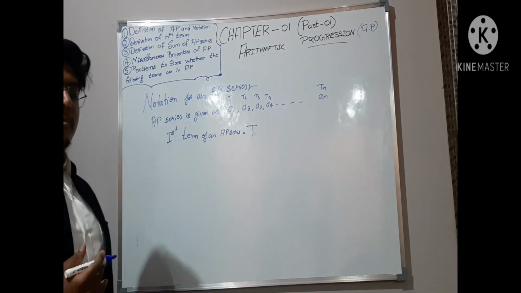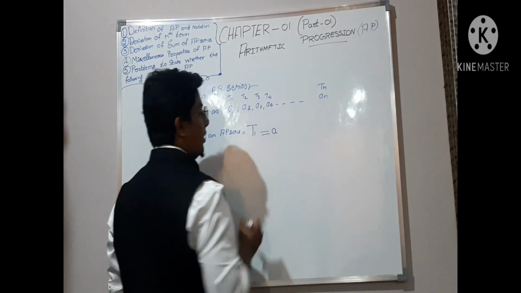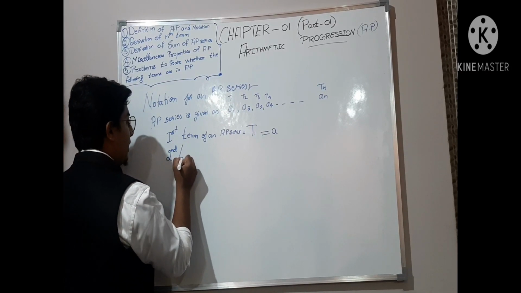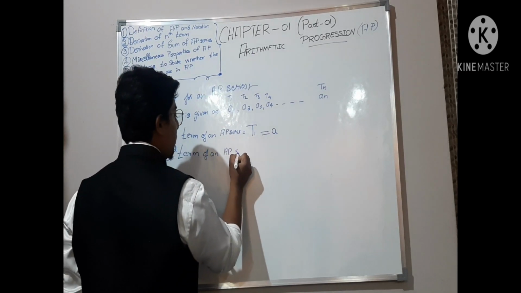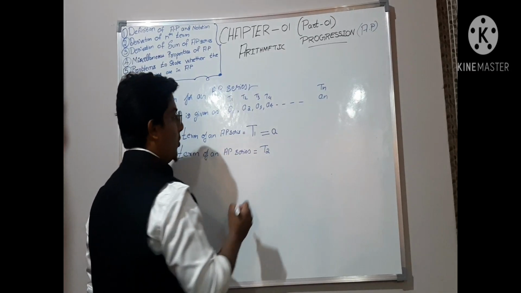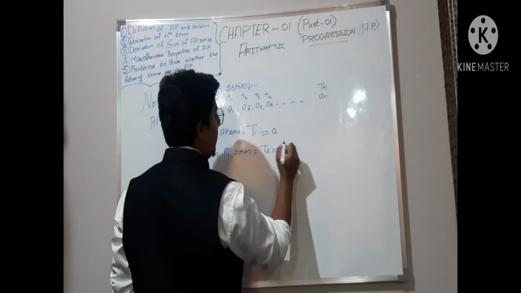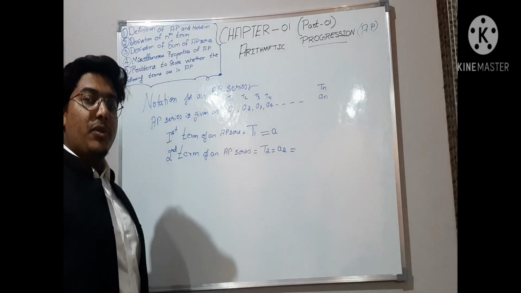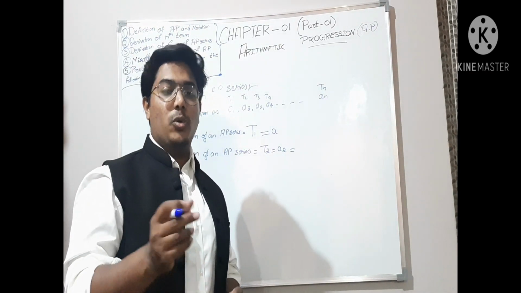The first term of an arithmetic progression series is denoted by a. That is, term a. The second term of an arithmetic progression series is given as T2 is equal to A2 is equal to a plus d. Since this is an arithmetic progression series, the difference between the terms of the series should be common, and it is denoted by d.